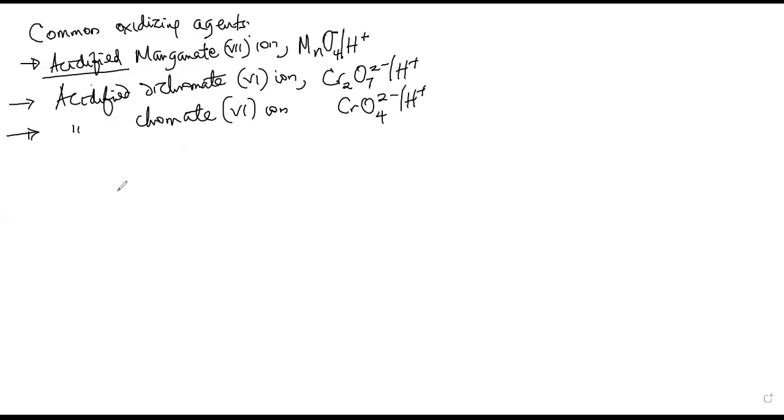We've got what we call the acidified chlorate ions. Acidified chlorate, first write a chlorate, ClO3 minus, then an acid.